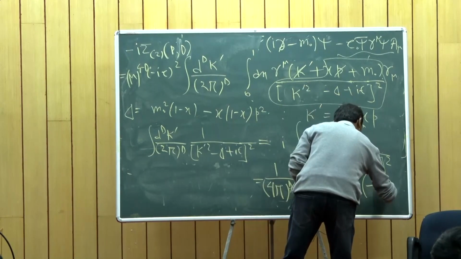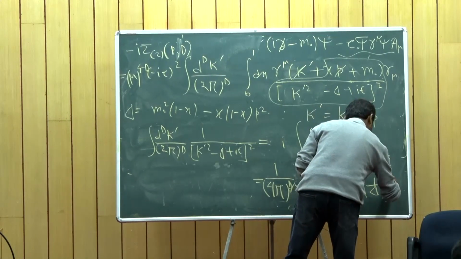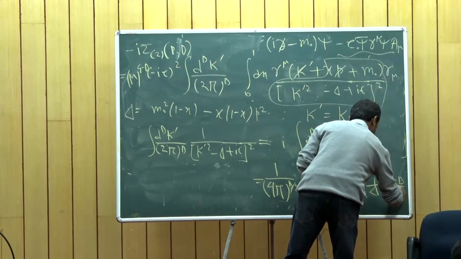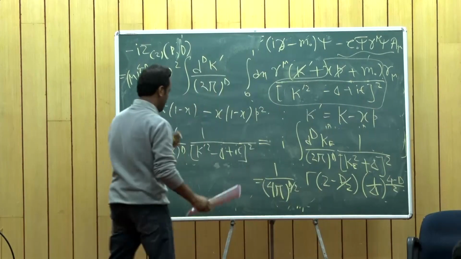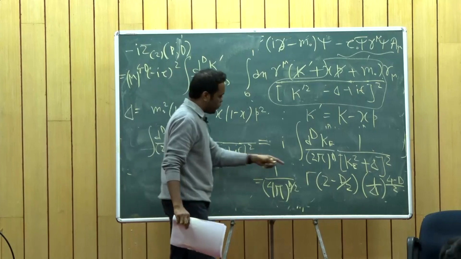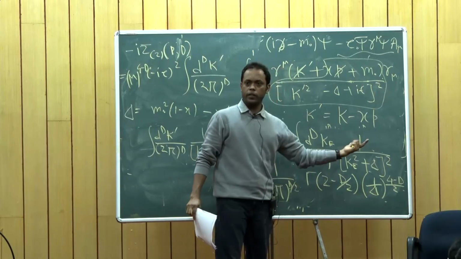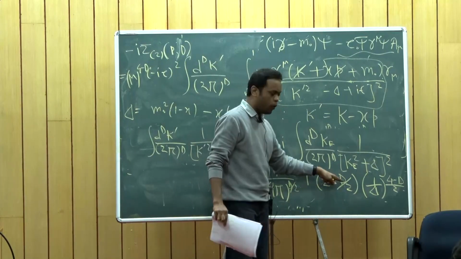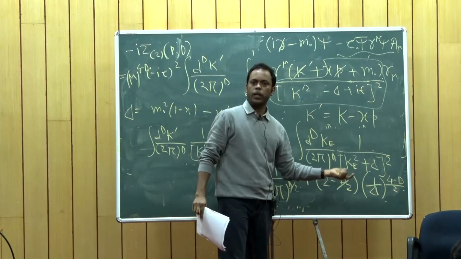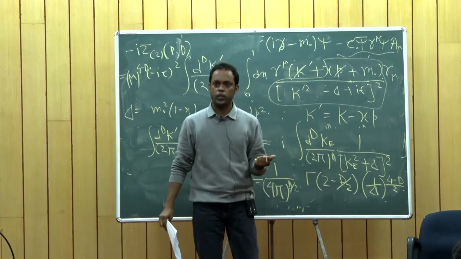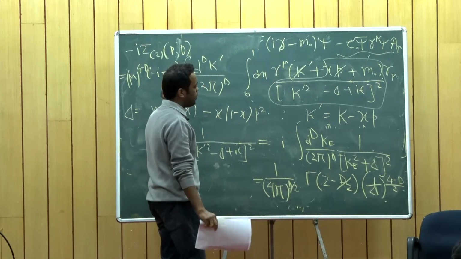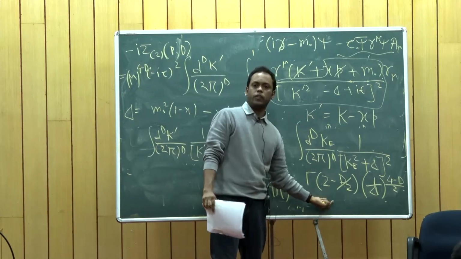One over delta to the power 2 minus d by 2... As long as d is not 4, this integral is a finite integral, and if you take the limit d tends to 4, you have a gamma 0, and that actually is a singular quantity, right? So the original divergence of the integral was actually encoded in this gamma function.